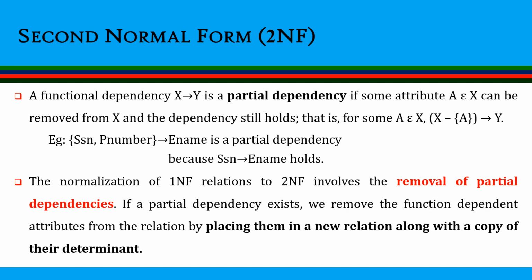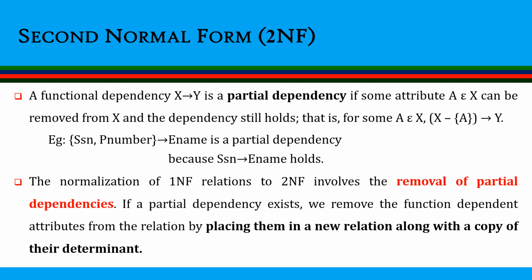For example, SSN comma P number implies E name. It is a partial dependency because SSN implies E name holds. Such an FD already exists. So if you remove that P number, we still have another FD, right? So it is called a partial dependency.